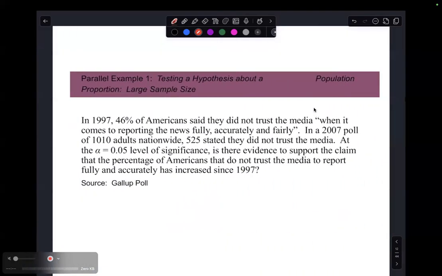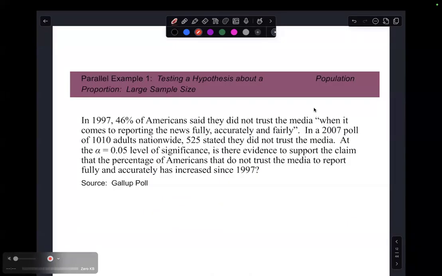Let's do an example. In 1997, 46% of Americans said they did not trust the media when it comes to reporting the news fully, accurately, and fairly. In a 2007 poll of 1,010 adults, 525 said they did not trust the media.